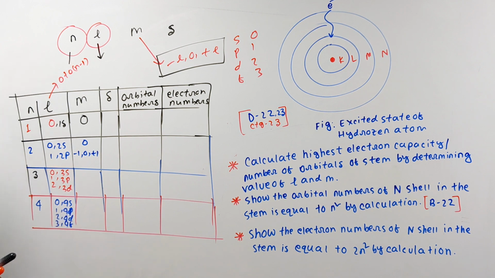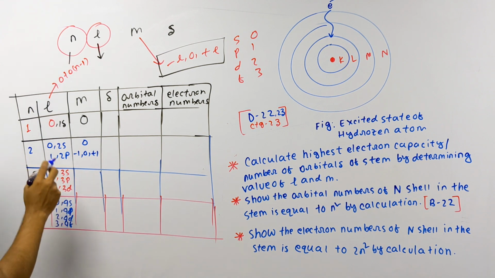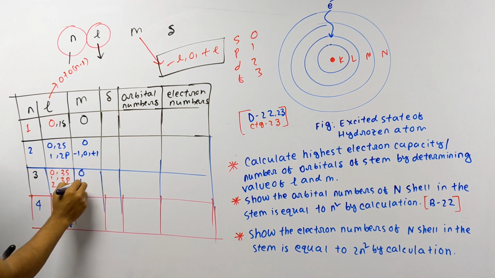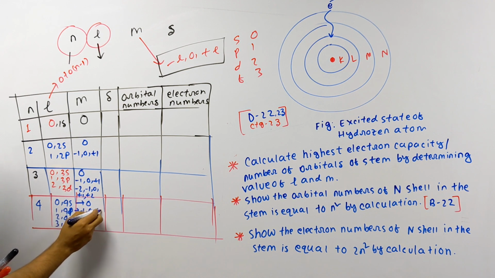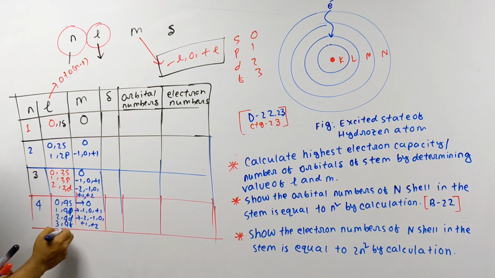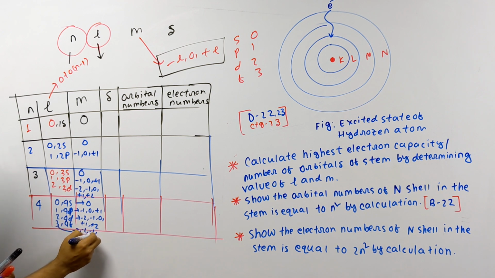Now for s this is 0, for p this is minus 1, 0, plus 1, for d this is minus 2, minus 1, 0, plus 1, plus 2, and for f this one is minus 3, minus 2, minus 1, 0, plus 1, plus 2, plus 3.